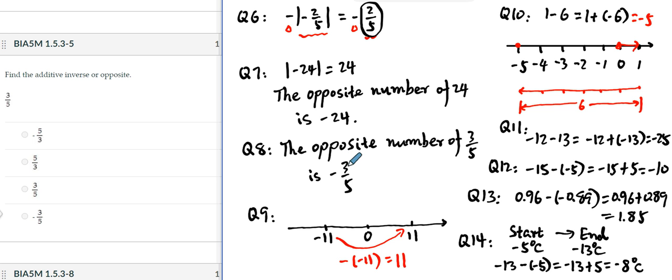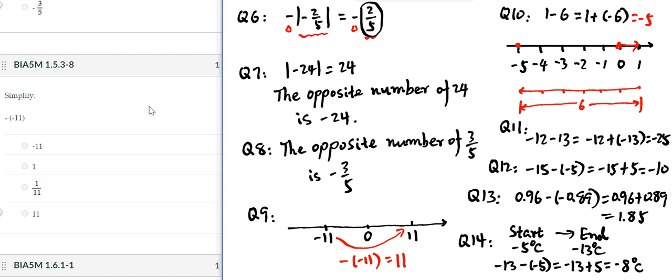You add negative 3/5 to the positive 3/5, you always get 0. Opposite number means when you add those two numbers together, you get 0. It's like positive 11, you add negative 11, so you get 0. All right, so that's the first 4 questions.